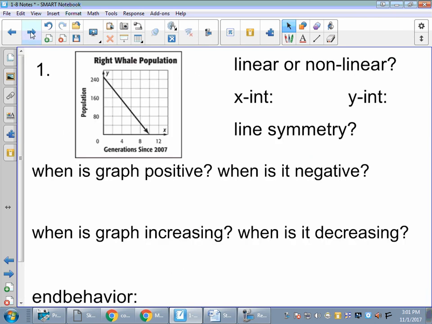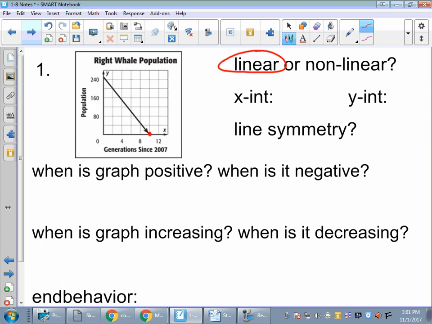So number one, I didn't talk about linear or nonlinear, but if you look at it, that is a line. So this is a right whale population. I have no idea what a right whale looks like. So we're talking about whales, population, and then generations since 2007. The x-intercept is where it crosses the x-axis, which is right here. They're counting by twos.